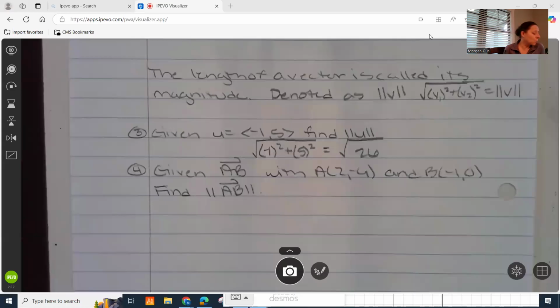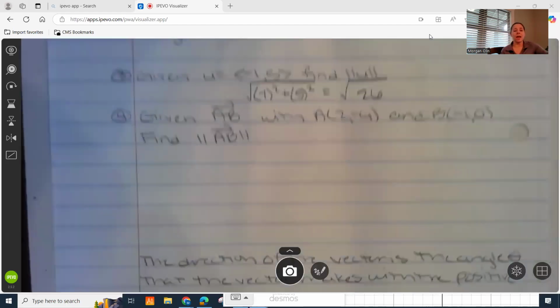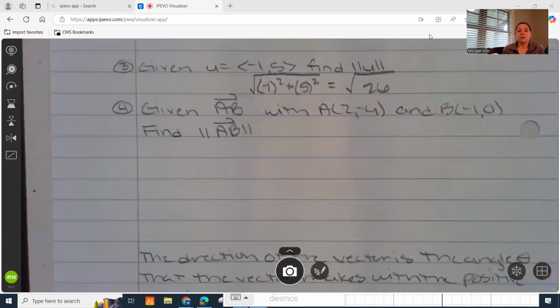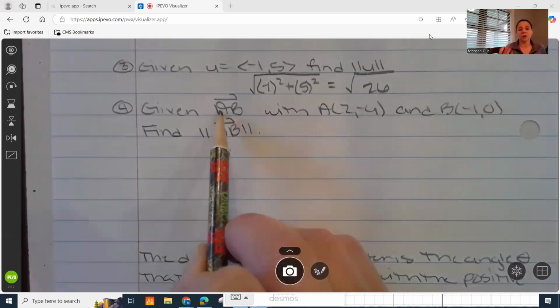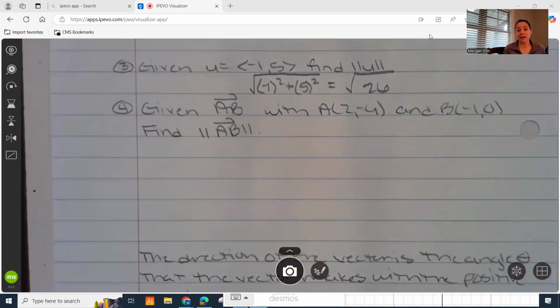All right, number 4. Given vector AB with A being (2, -4) and B (-1, 0), we want to find the magnitude of this. Well, we're doing a combination of what we did in the beginning. Notice it didn't actually say terminal side or initial.